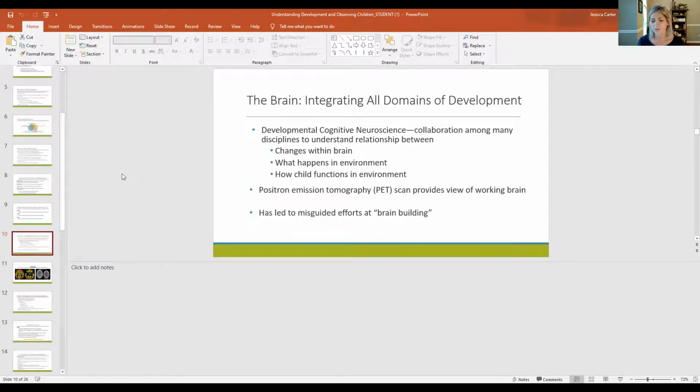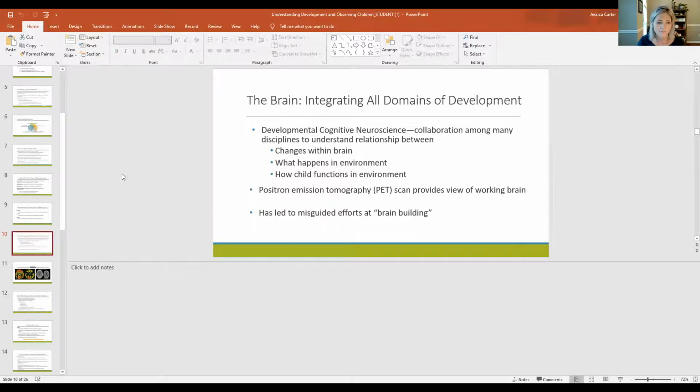But it also led to a lot of misinformation and misguided efforts early on at this concept of building children's brains. Lots of commercial products, toys and things, were developed that were intended to build brains. But what that did was take away, to some extent, children's opportunities to interact with caregivers. And we know now that those interactions are really what do the brain building.